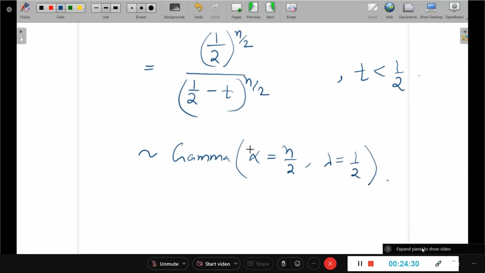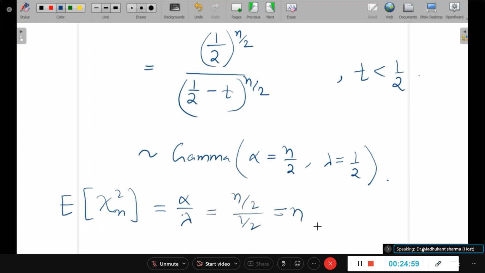So once you know this is a gamma distribution with these parameters, and you know the expectation of a gamma distribution was, yes, the mean. So this implies the expectation of chi n square. What was the mean? Alpha by lambda. That's going to be n by 2 divided by 1 by 2.